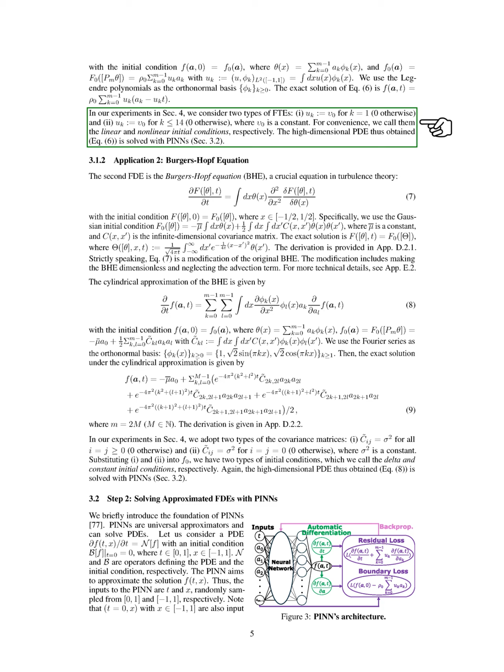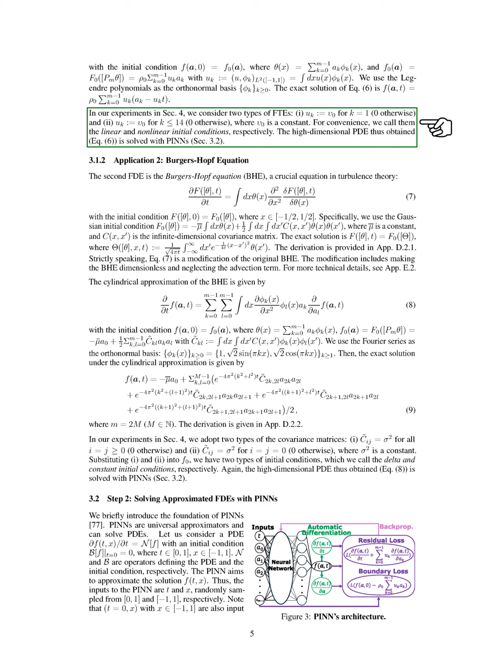We specifically use a Gaussian initial condition for f_0 of theta, which involves a constant and an integral that includes the covariance matrix C. The exact solution for f at time t is expressed in terms of a transformation involving theta and an integral that accounts for the Gaussian distribution. We note that our equation is a modified version of the original BHE, where we make it dimensionless and ignore the advection term. More technical details can be found in the appendix.